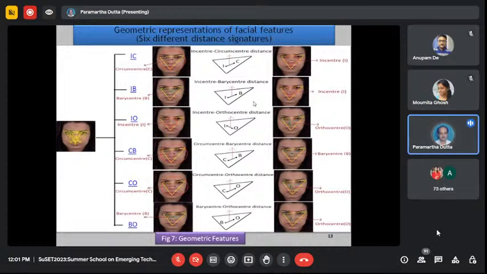Now, given this distance signature, if they are trained properly, our objective is to identify which type of emotion transition is taking place. That is the way we try to deal with it.